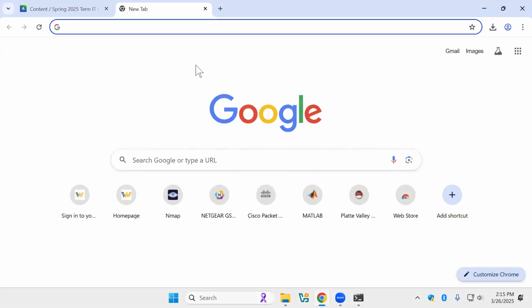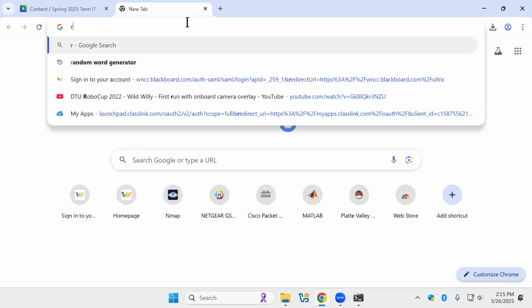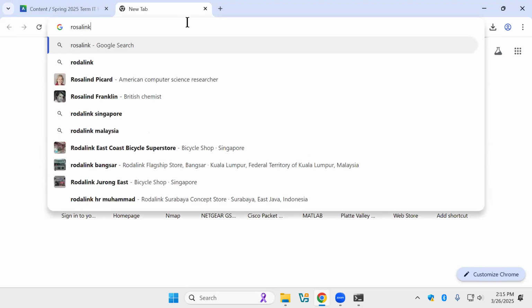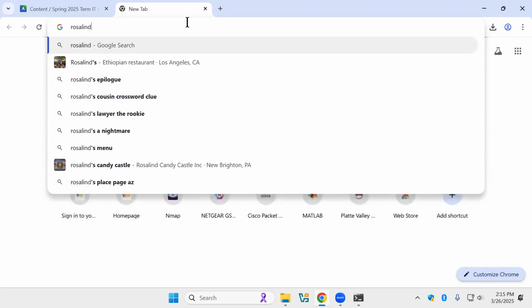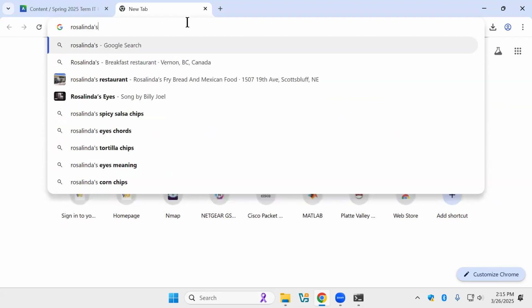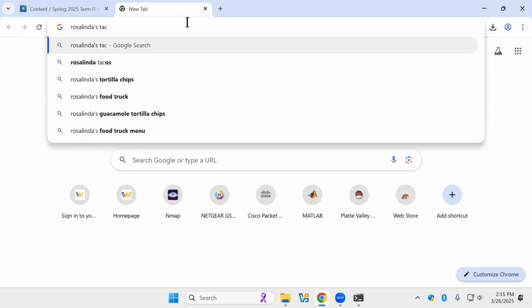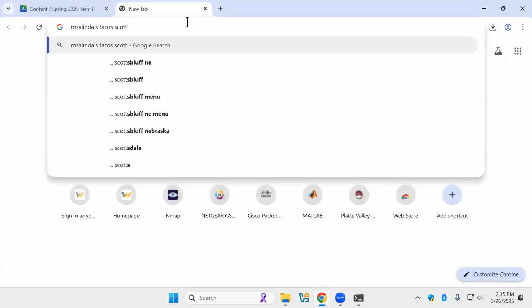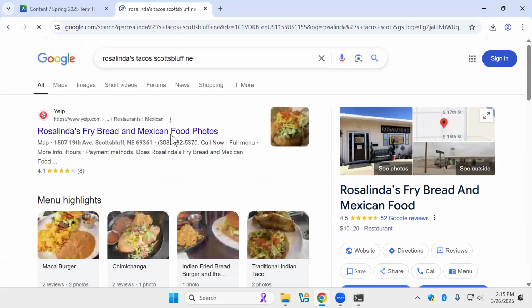You know, so if I want to know, oh, and I do, Rosalinda's tacos, because I looked this up the other day. So I wanted to have some, or a restaurant or something. I think it's tacos. And then I put in Scottsbluff. There we go. And this is what most people do now, right? They don't use phone books.